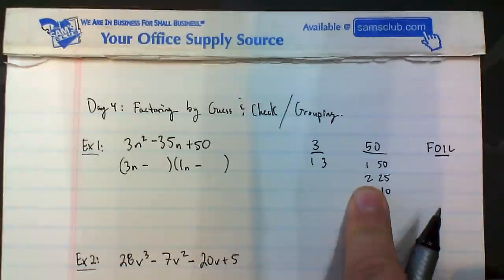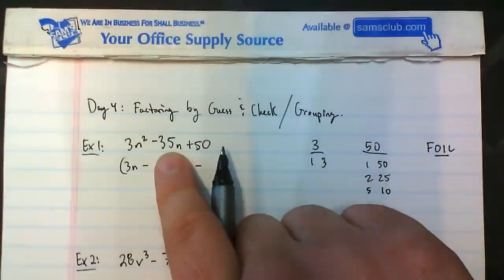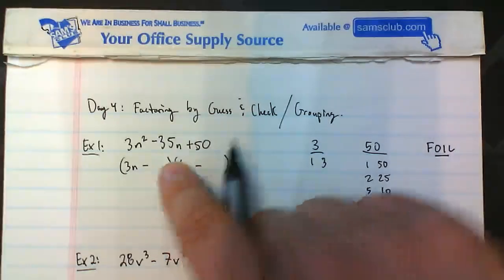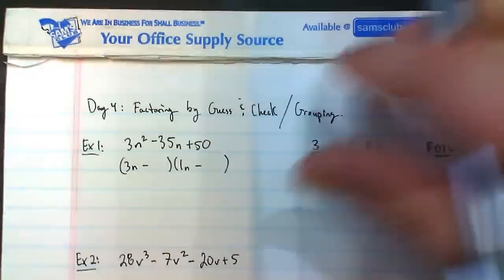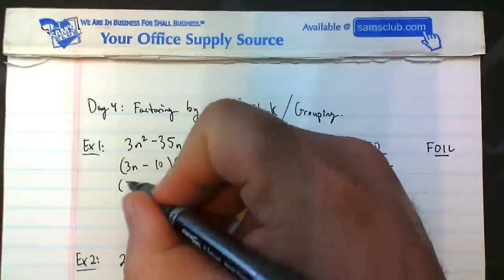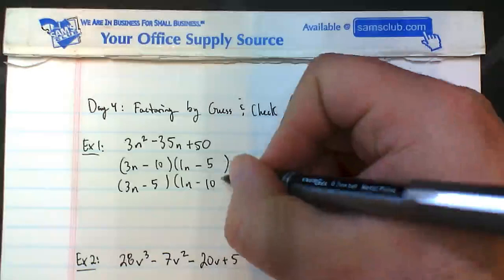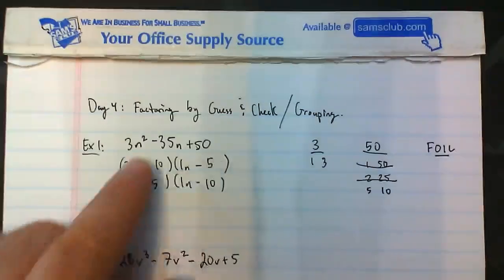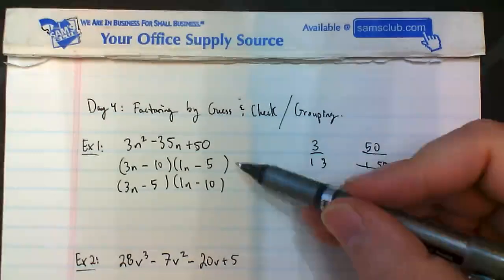And if you multiply 3 times 2, that would give you 6. So really 25 plus 6 is not anywhere near what we need here. And so I can already cross out these two as my guesses. So the remaining guess would be choosing these two. So you could have this as a guess, or you could have this as a guess.